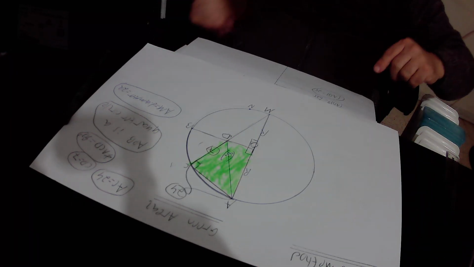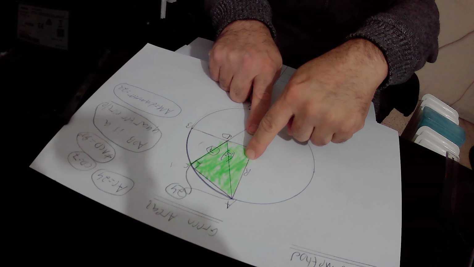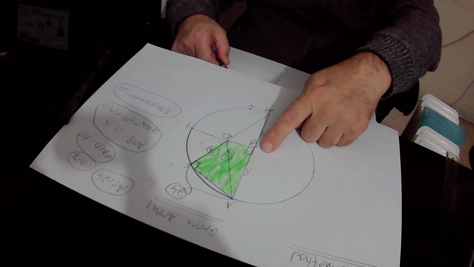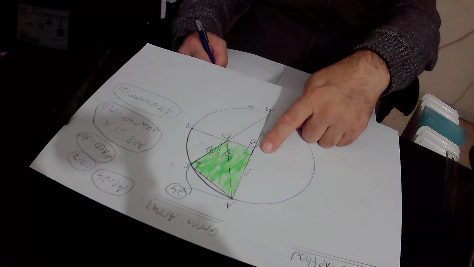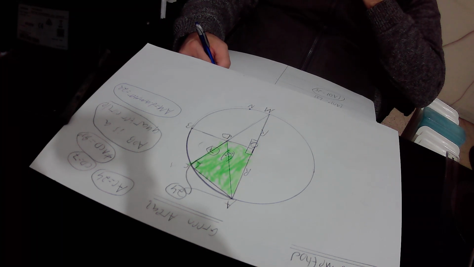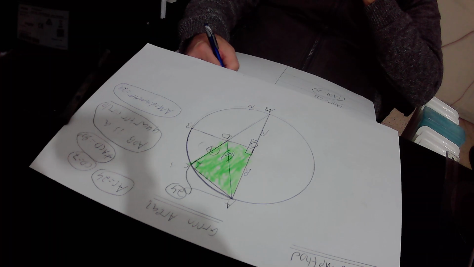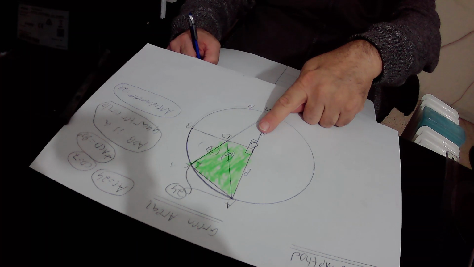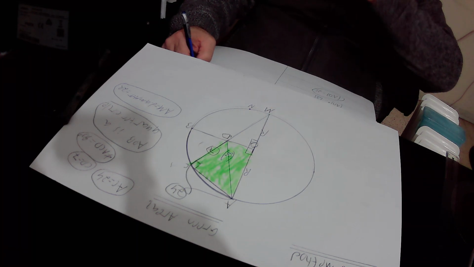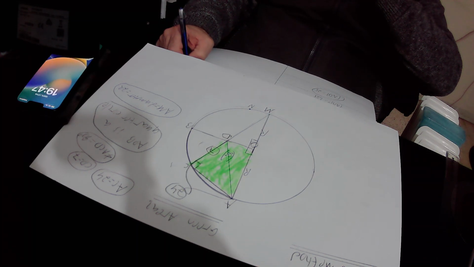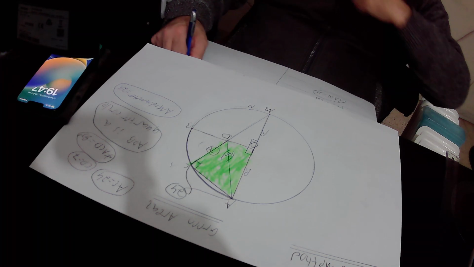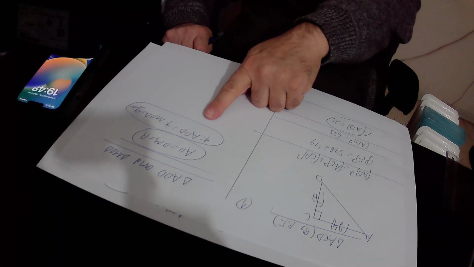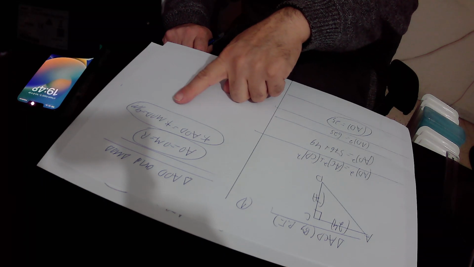In addition, those two angles are both equal to 90 degrees, therefore they are equal to each other. So angle AOD in the green triangle equals angle MOD in the white triangle.